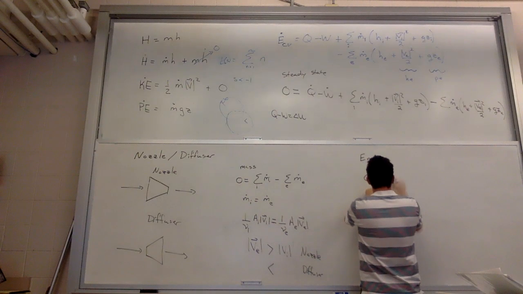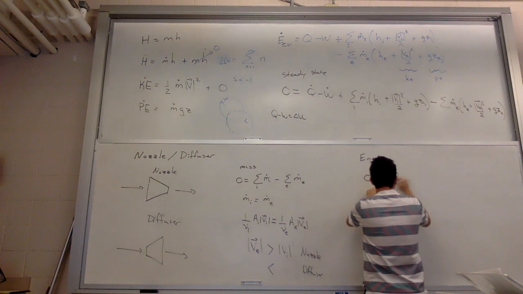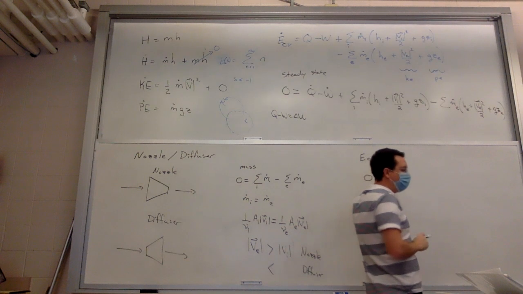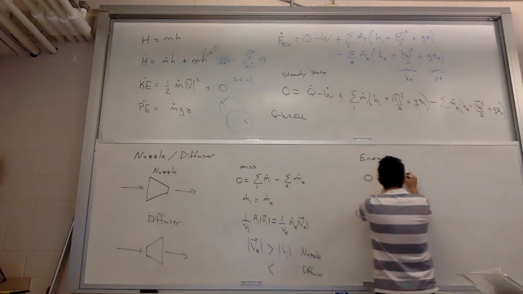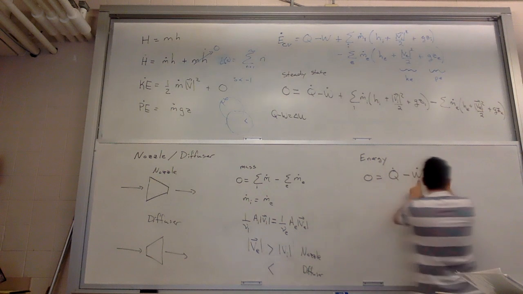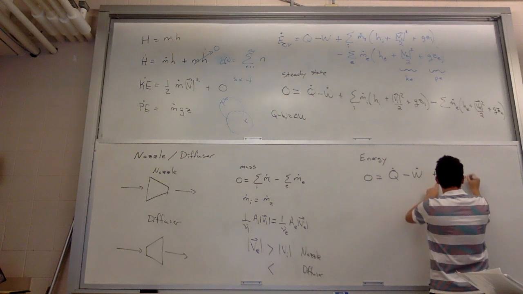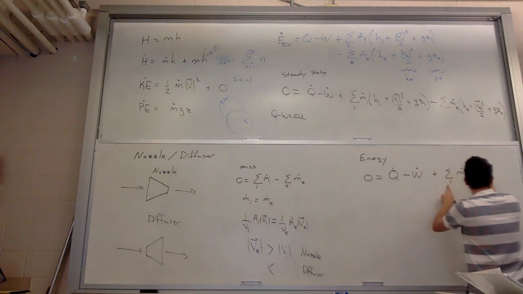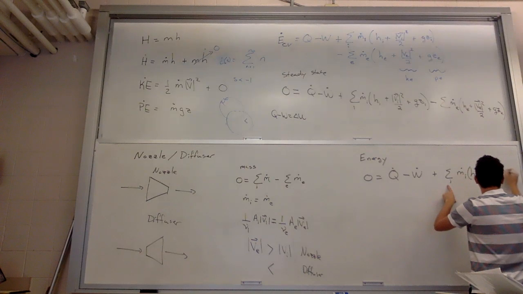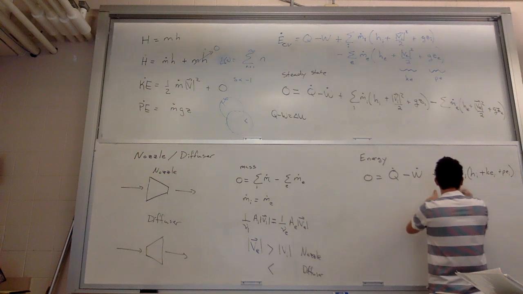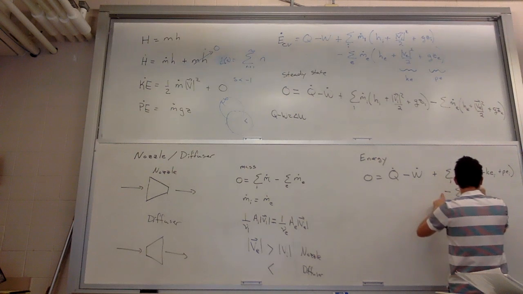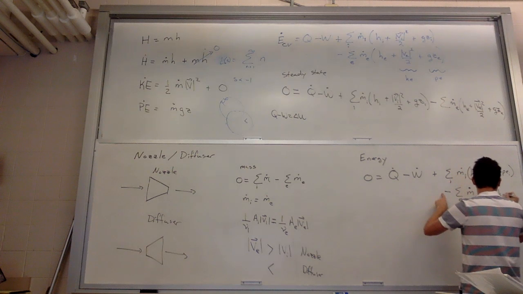Let's say we have Q dot, that's the heat transfer rate, minus W dot, plus the sum of m dot i times h i plus KE i plus PE i, minus the sum of m dot e times h e plus KE e plus PE e.